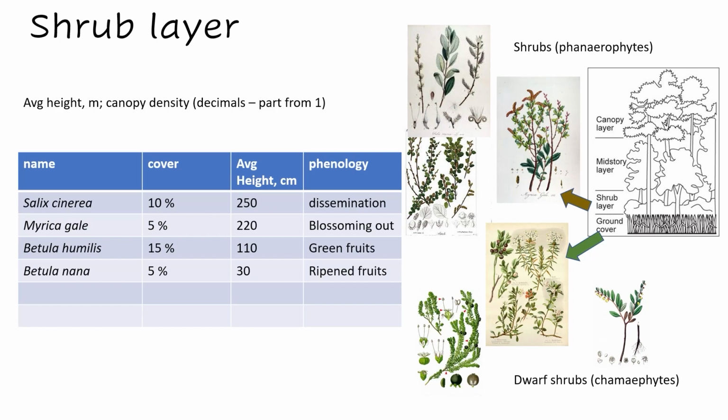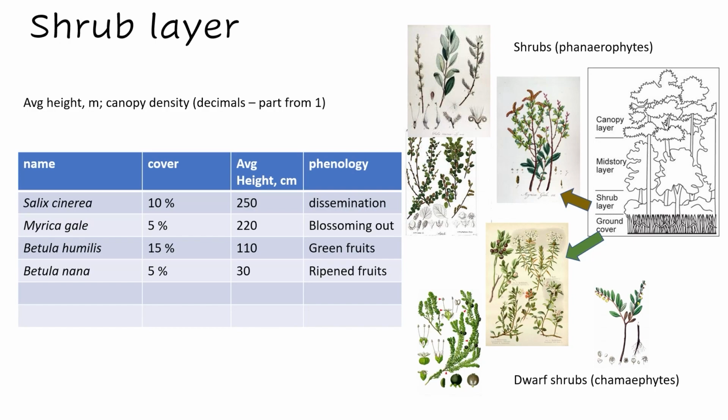These are the plants whose buds spend their winter in the air. And chamaephytes is the living form of plants which have their buds in winter time near the soil or inside the soil. So this is the difference between dwarf shrubs and shrubs.